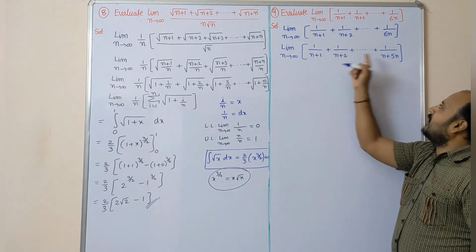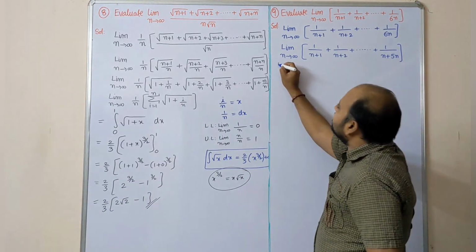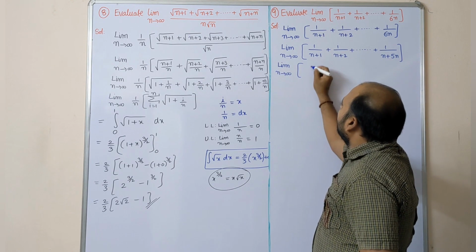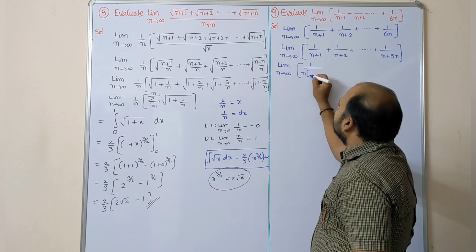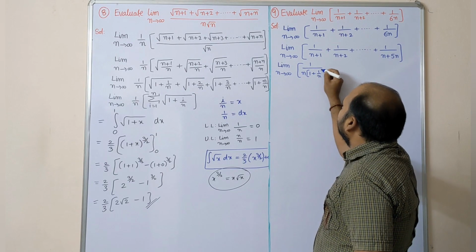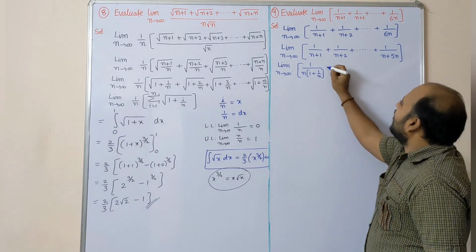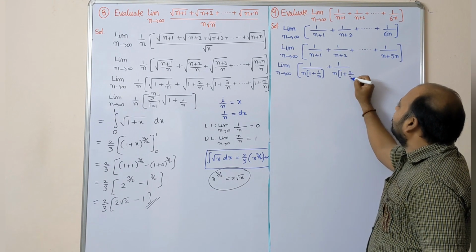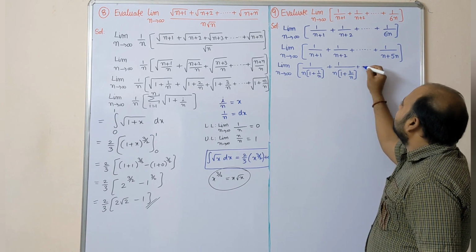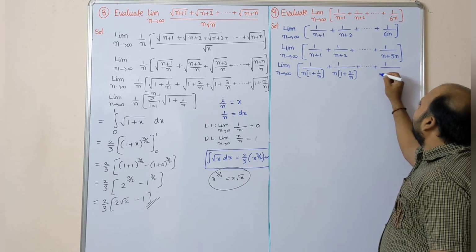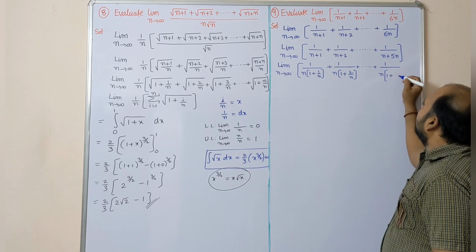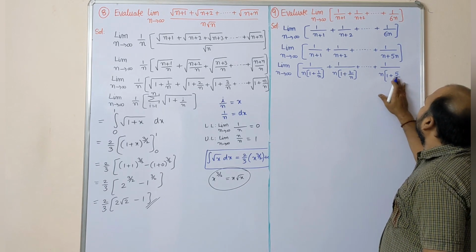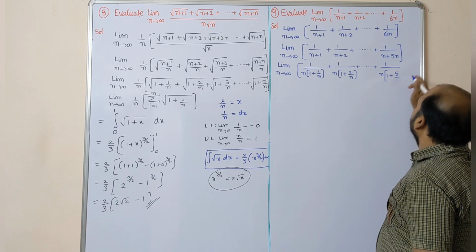Observe the step carefully, dear students. The limit n tends to infinity of 1 by n into 1 plus 1 by n, plus 1 by n taken common times 1 plus 2 by n, plus and so on, 1 by n taken common times 1 plus 5n by n.